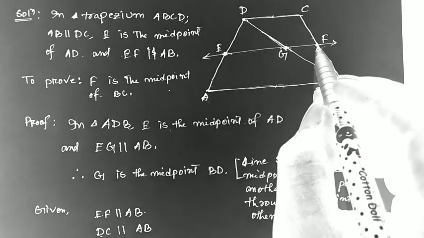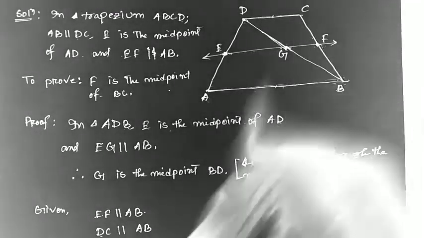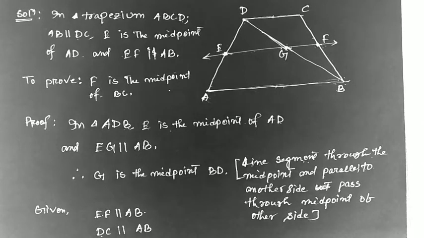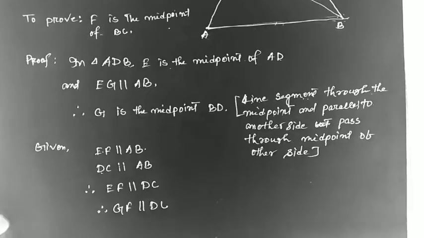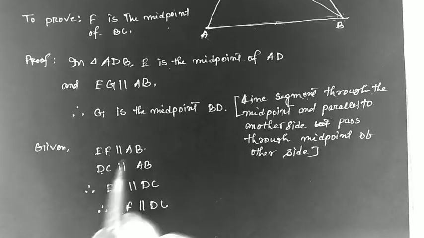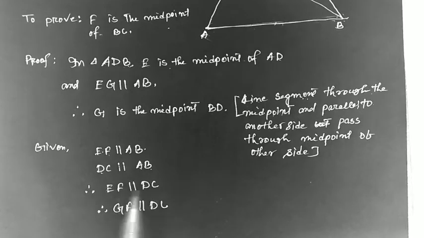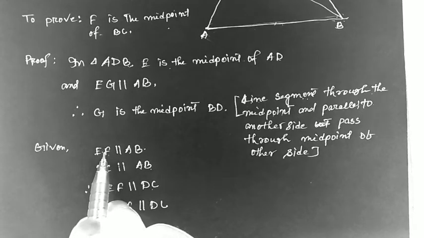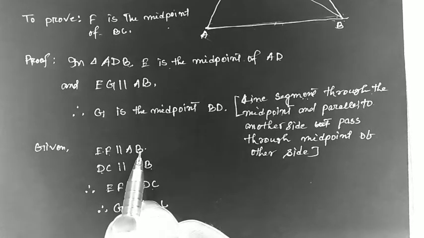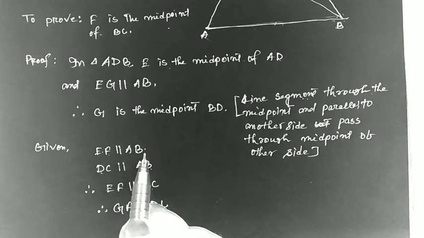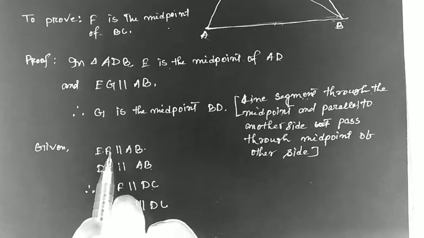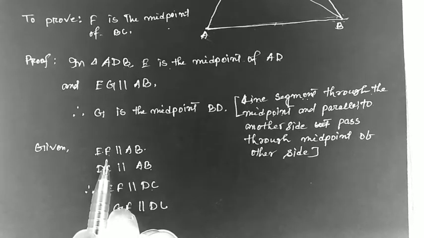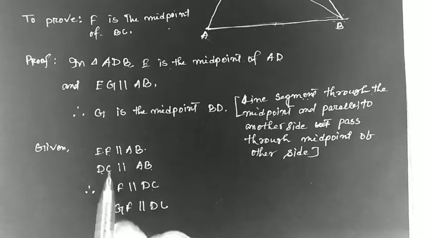If EF is parallel to DC, then GF is parallel to DC. Yes or no? EF is parallel to AB, DC is parallel to AB. So EF is parallel to DC because lines parallel to the same line are also parallel.